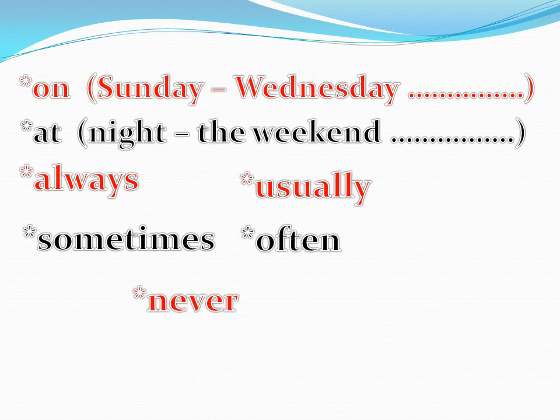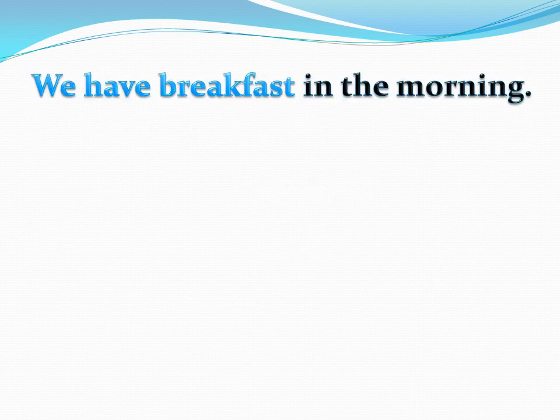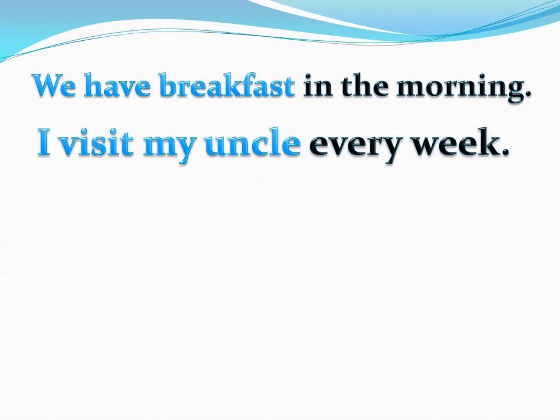How can we use these keywords in sentences? Okay, we have breakfast in the morning. So in the morning and in the afternoon, in the evening, they come at the end or at the beginning of the sentence. They don't come in the middle. Also, the word every comes at the end of the sentence. I visit my uncle every week.